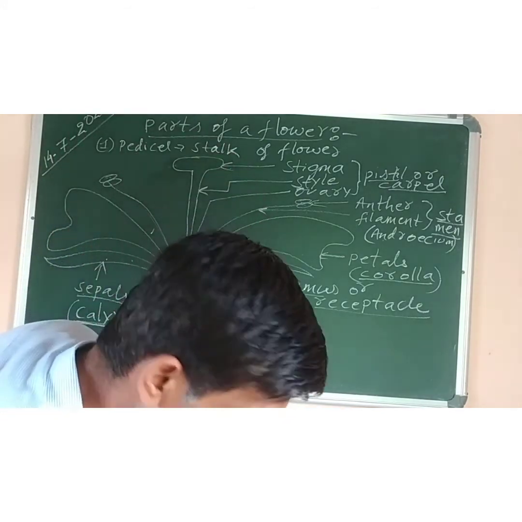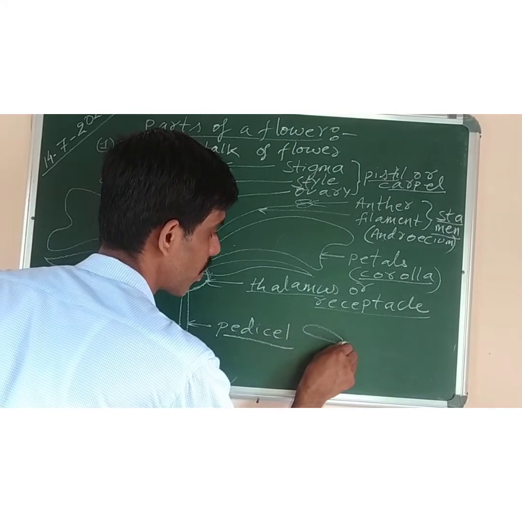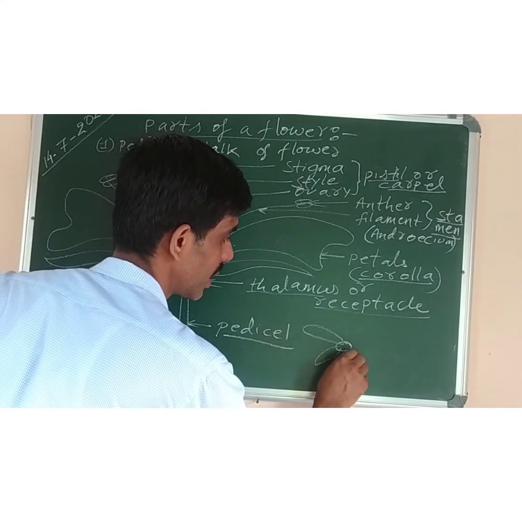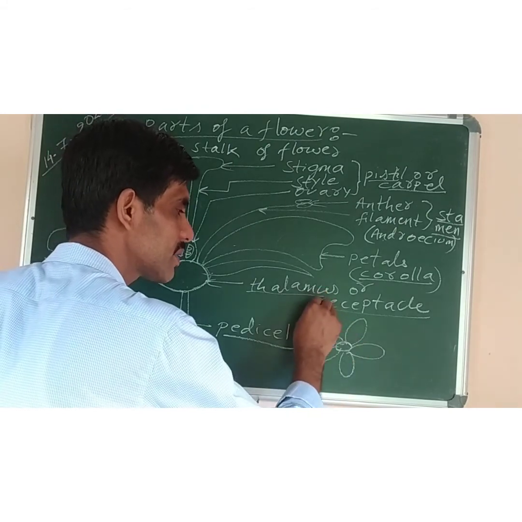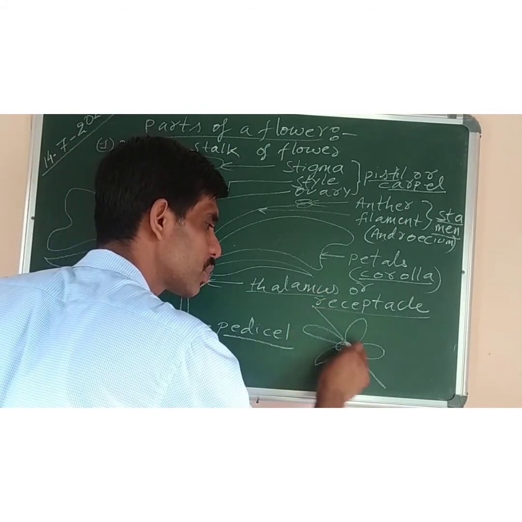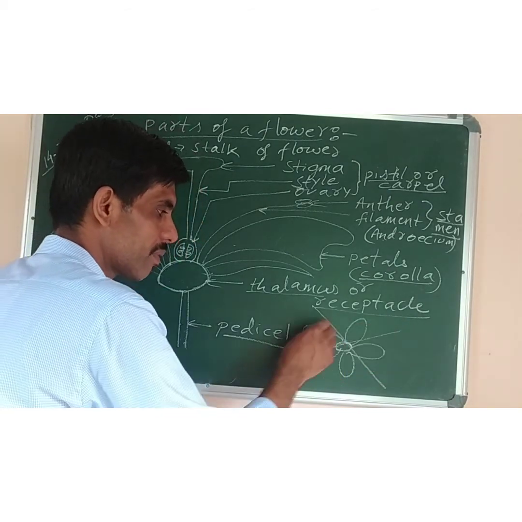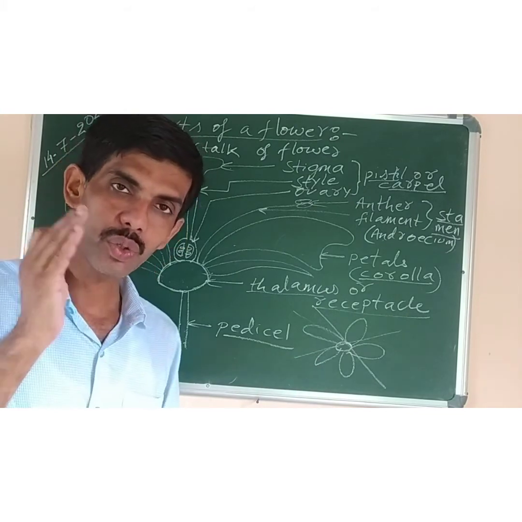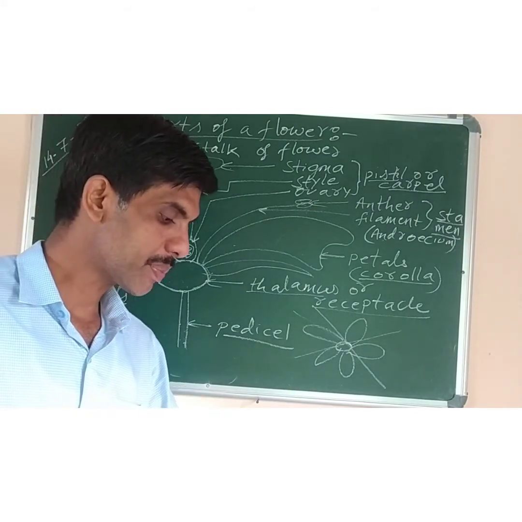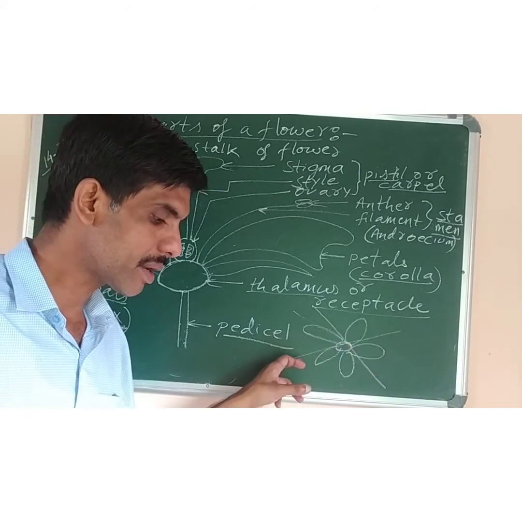The meaning of radially symmetrical is, suppose I am drawing a flower here like this. 1, 2, 3, 4, 5. So if I can cut this flower from any plane into two equal halves, from here, from there, anywhere, if I can divide this flower into two equal halves by any plane, so it is divisible into two equal halves by a radial plane.